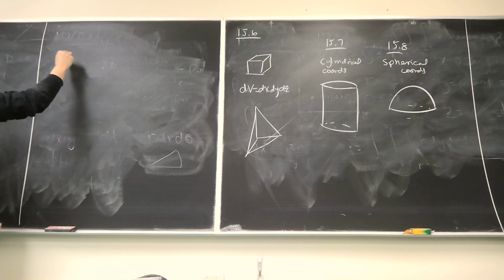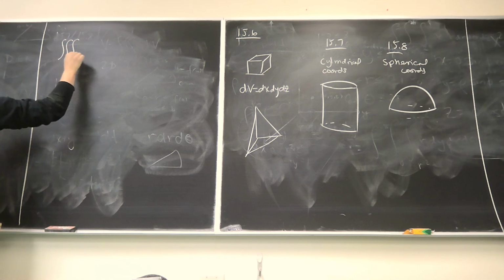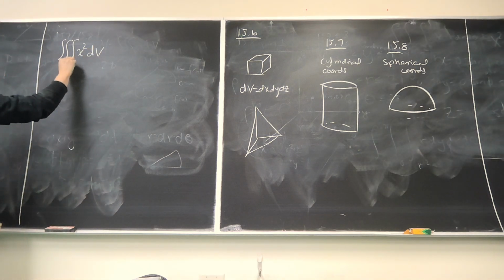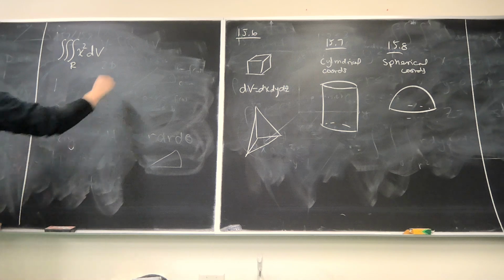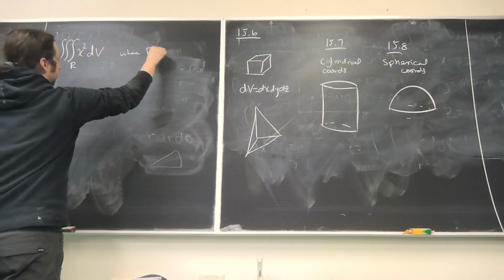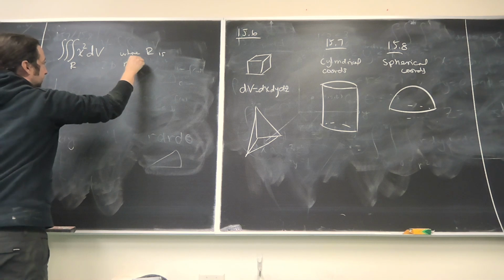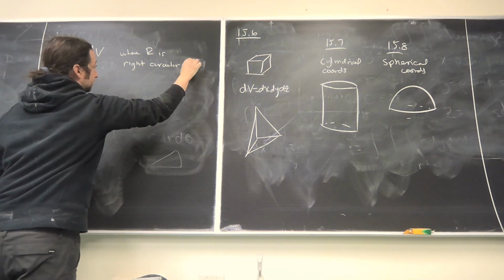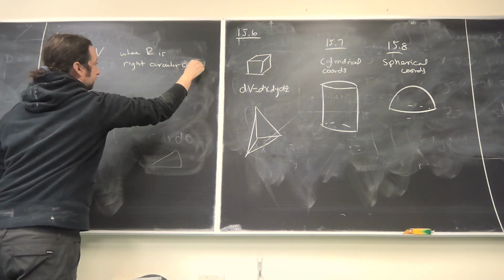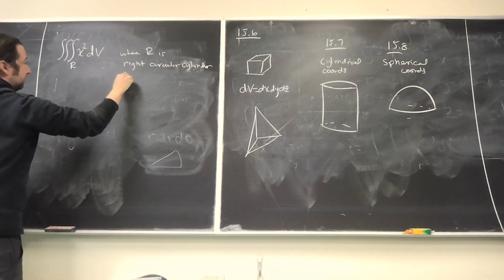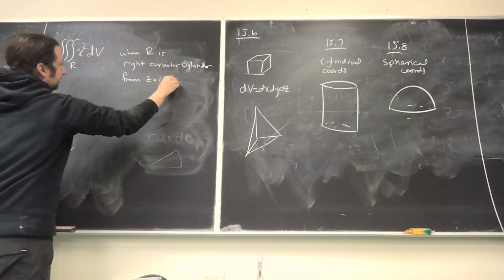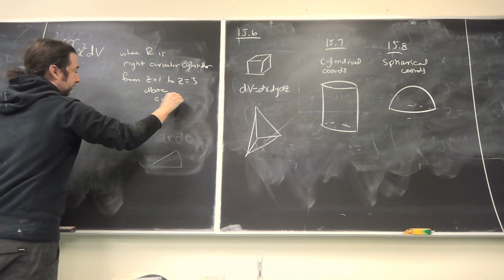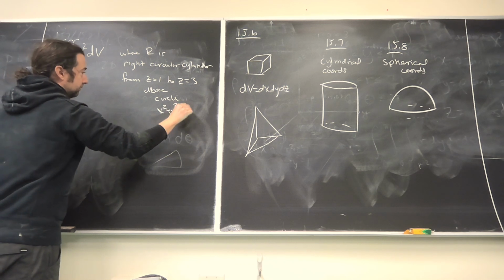So if I asked you to do the following integral, the integral of x squared dV over the region, say, R for region, where R is a right circular cylinder from z equals 1 to z equals 3 above the circle x squared plus y squared is less than or equal to 1.